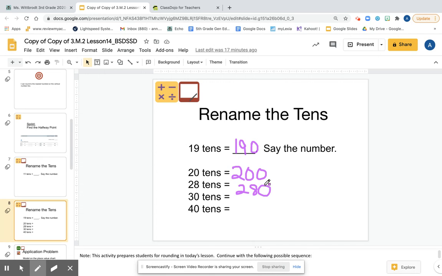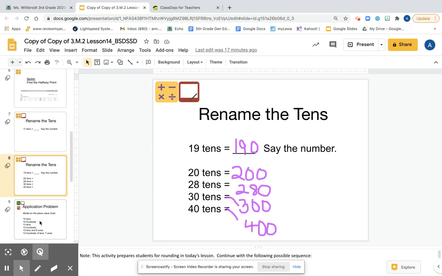I know I'm getting a little off here, but I can't quite line this up so well with this chunky pen. 30 tens, you should have gotten 300. Say it with me, 300. And then 40 tens, oh, that's supposed to be 30 tens. And then 40 tens, we get 400. Say it with me, 400. All right, let's move on to our application problem.